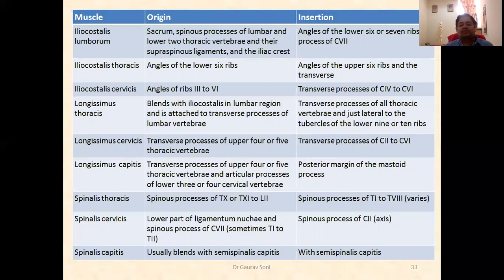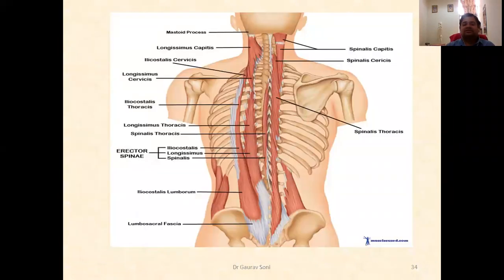Spinalis cervicis starts from the lower part of the ligamentum nuchae and spinous process of C7, and goes to the spinous process of C2, that is the axis. Spinalis capitis usually blends with semispinalis capitis, which we are going to see in the next slides, and it inserts there only.